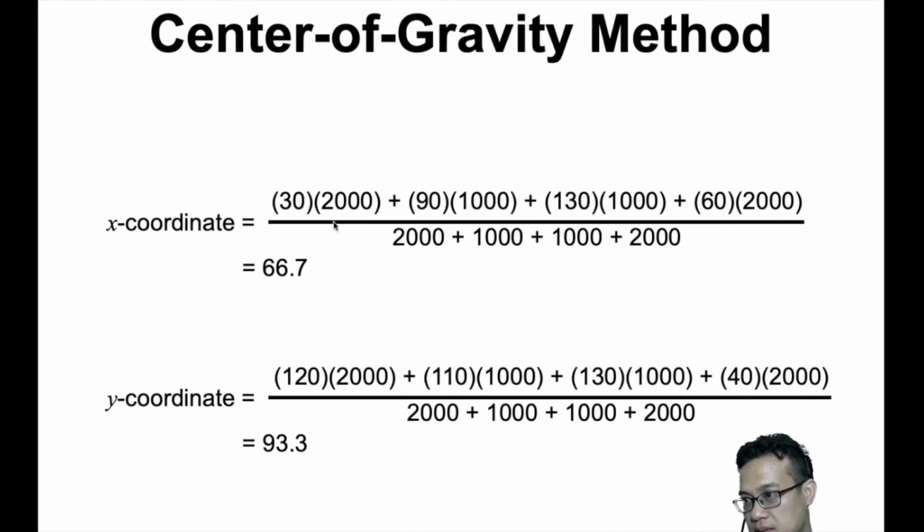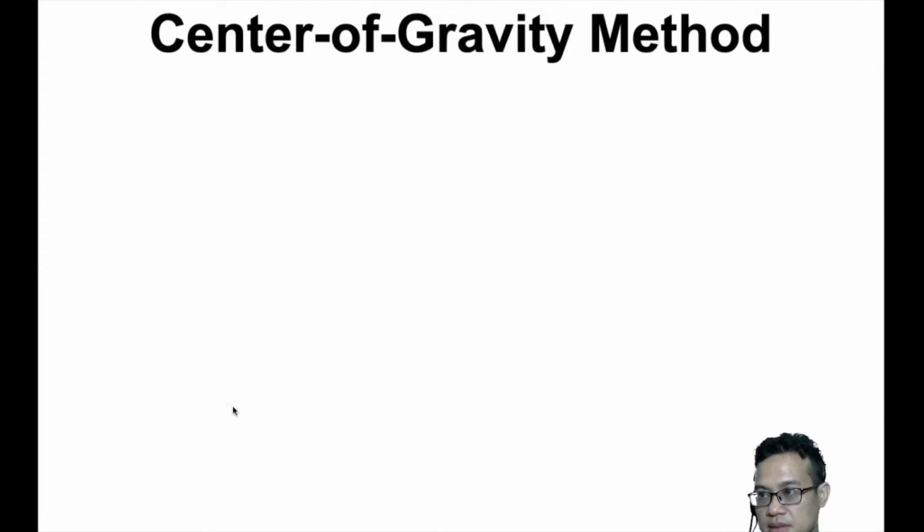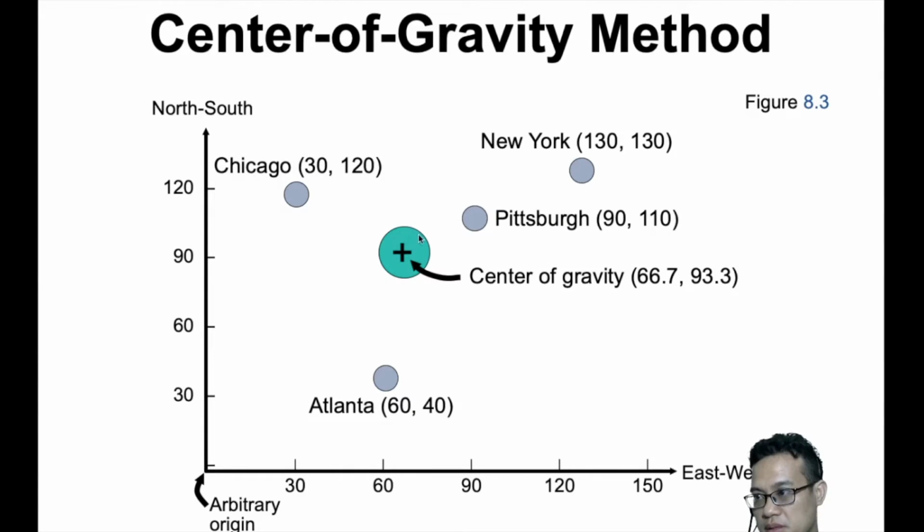This is how it looks. For each location, this is for the x coordinate, and this is for the y coordinate. You divide by the sum of all the quantities: 2,000, 1,000, 1,000, 2,000. You sum them all. So the x coordinate divided by the sum gives you the center location for the x coordinate, and also for the y coordinate. If you plot it down, it will be located around this area.